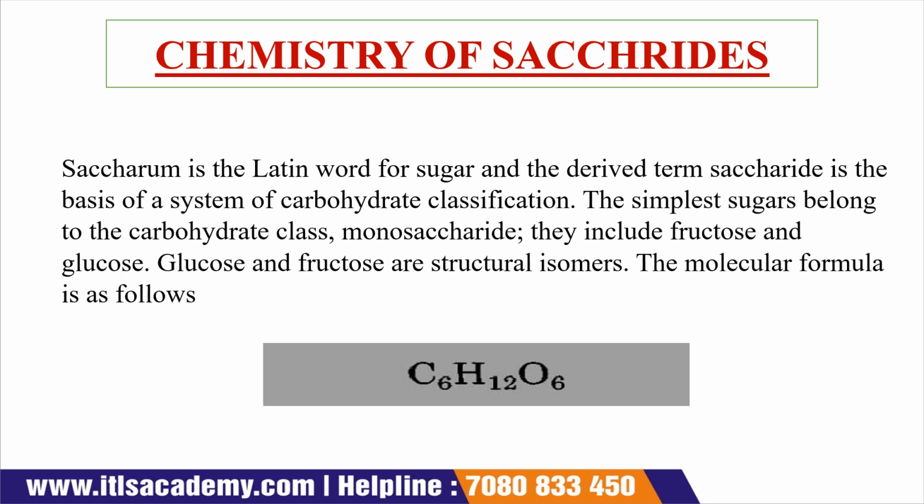Now the next is the chemistry of the saccharides. After the introduction part, the next topic is the chemistry of the saccharides. First of all, we have to know what the saccharides are.